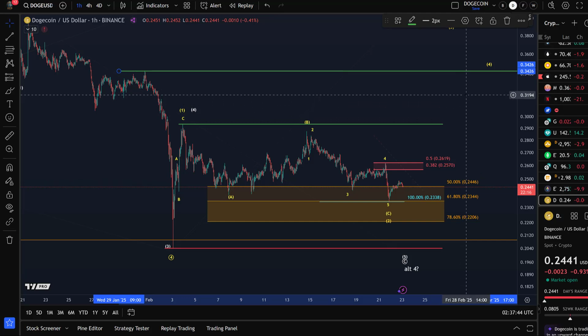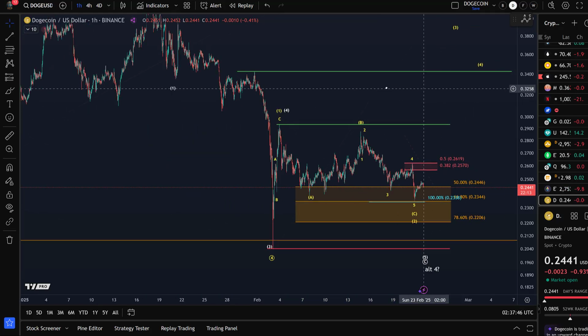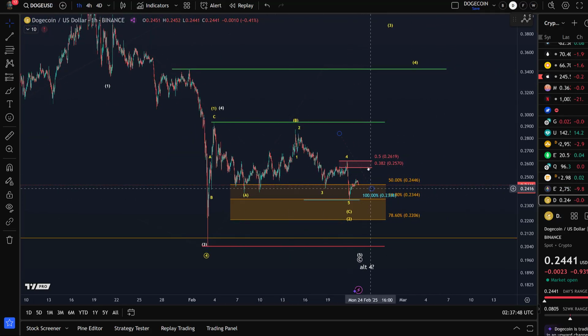But for now, we are still stuck in this local range. There is some promising price action from the low, it's just too small, unfortunately. So what we need to do first of all is pay attention to the recent low. Does the market hold above it? It would be preferred, ideally, yes.